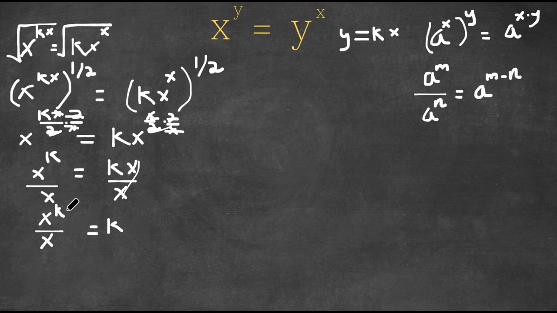So right here we have x to the power of k over x to the power of 1, which is the same thing as x to the power of k minus 1. And this is still equal to k.